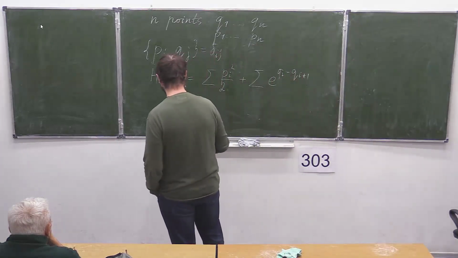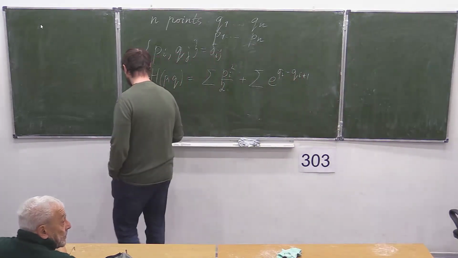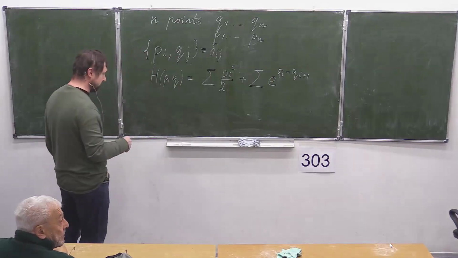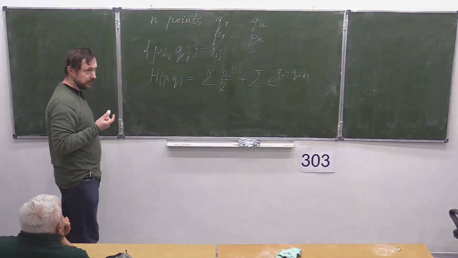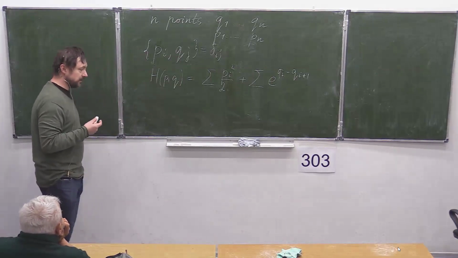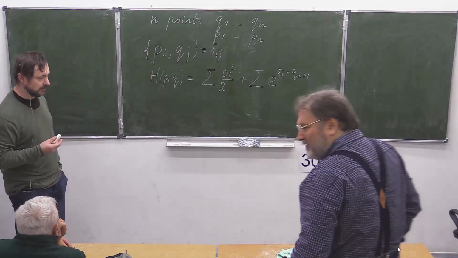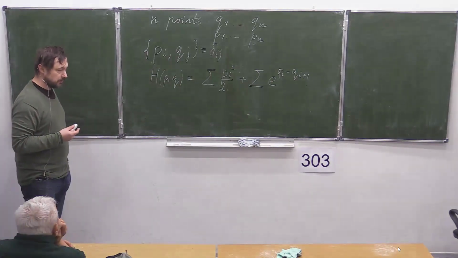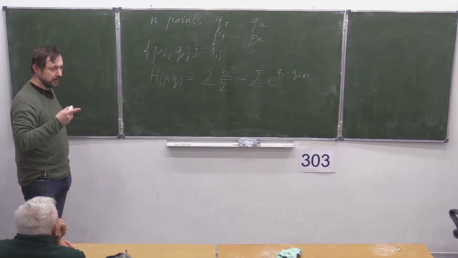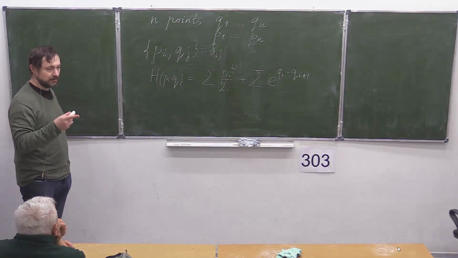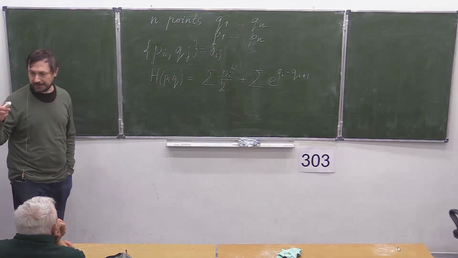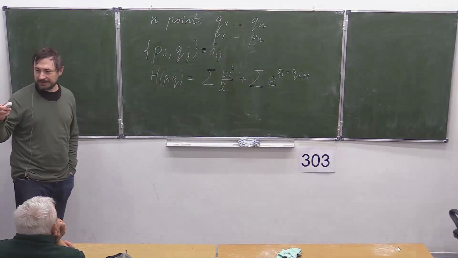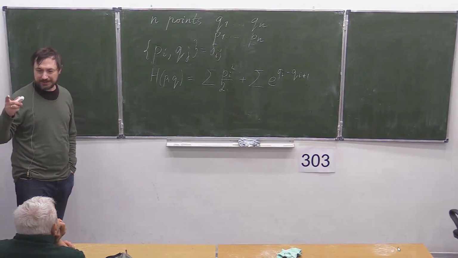So this system has been studied. As the story goes, it first appeared in the 1950s in the famous work of Fermi, Pasta, Ulam, and nowadays they also add a woman's name to this list.